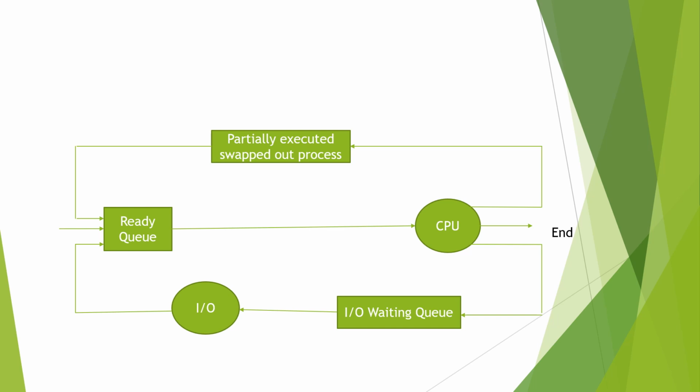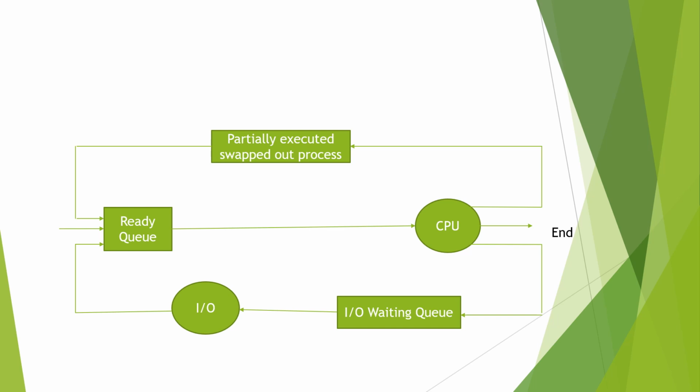Another operation that can happen to process P1 once it has been allocated the CPU: process P1 can be in need of an I/O device in order for it to complete its execution.